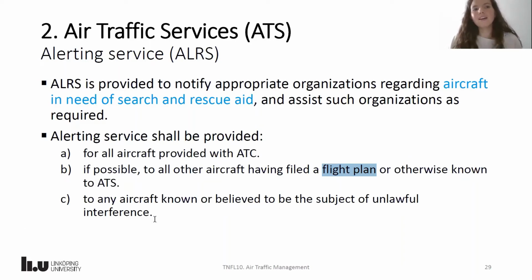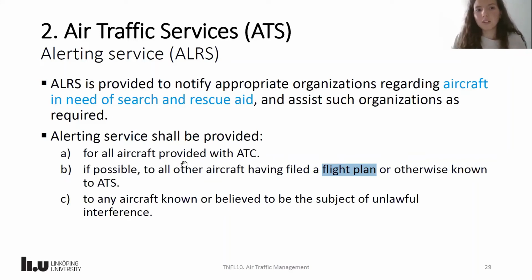But basically, in the end, the alerting service is provided to all the flights that the ATC can. Of course, if the flight is not reported, they haven't filed a flight plan, or is flying in an airspace that is not controlled, there would be no way to provide it with such a service.